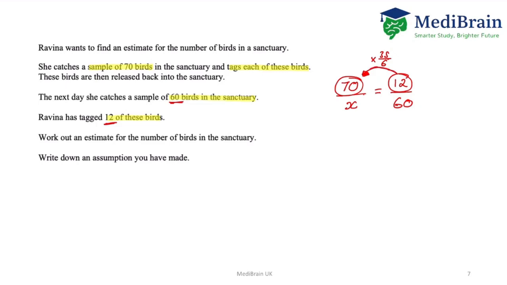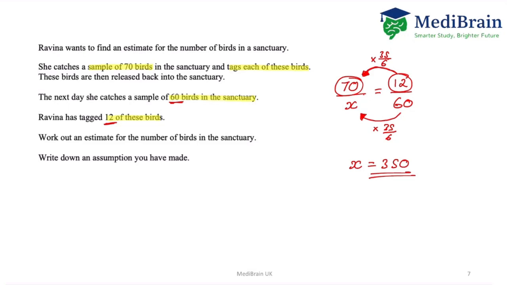So to get from 12 to 70, we need to multiply by 35 over 6. Therefore, to get from 60 to x, you also need to multiply by 35 over 6. And that's going to give you an answer of 350. And that's the estimate for the number of birds in the sanctuary.